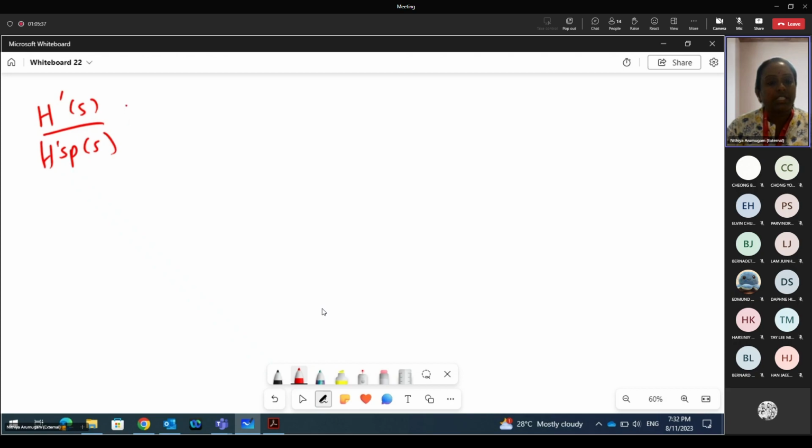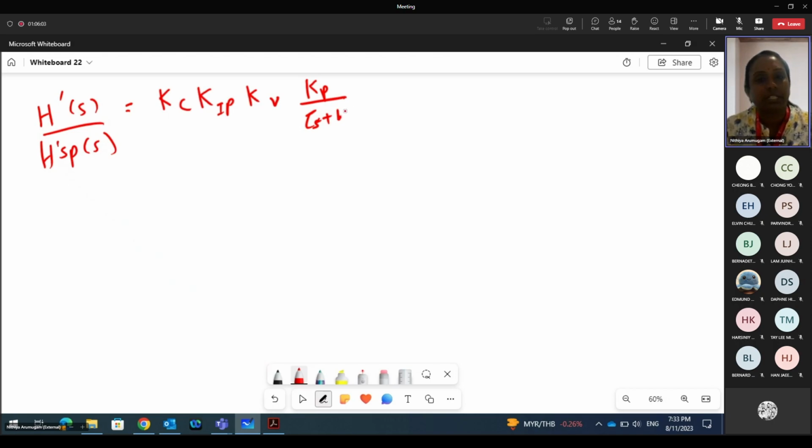So the H in this case is KC, the gain, the combination or summary of all the gains in the linear line. So K OL. And Kp is provided as tau s plus 1. This is for process. Okay, for process it will be in this form.